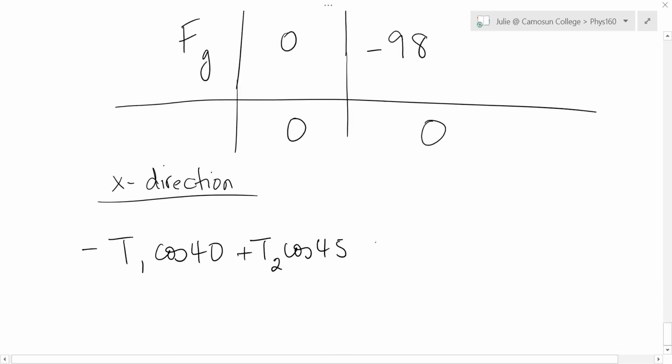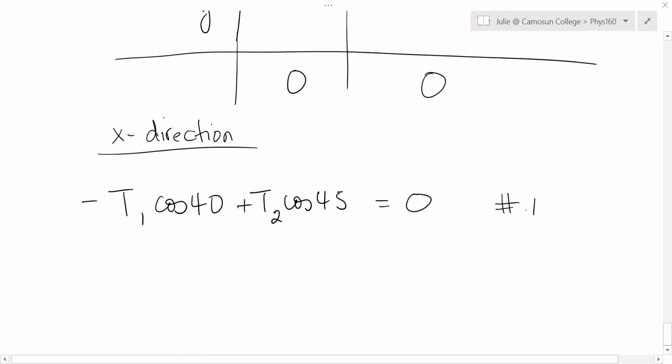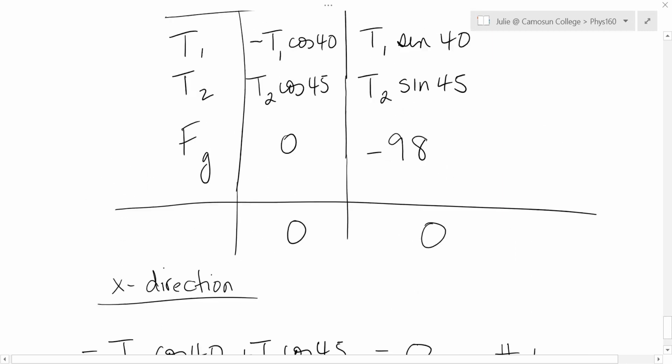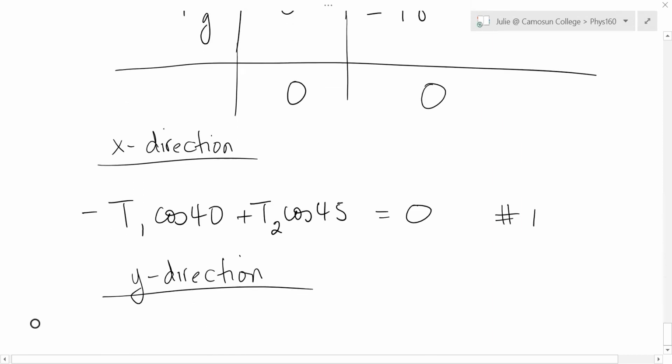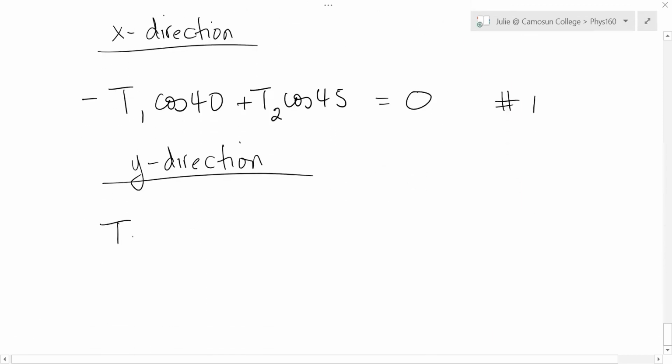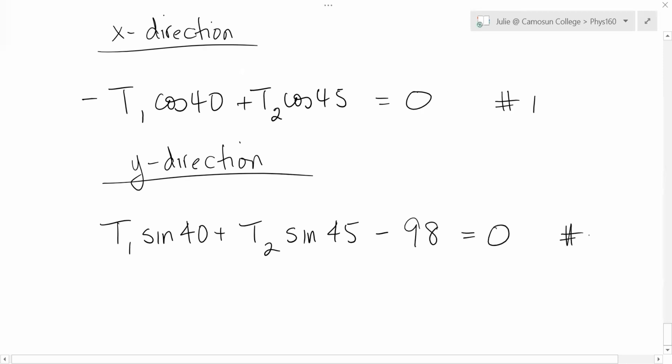That has to equal 0. That's equation number 1. In the y direction, we have T1 sine 40 plus T2 sine 45, minus 98 equals 0. That's equation number 2.